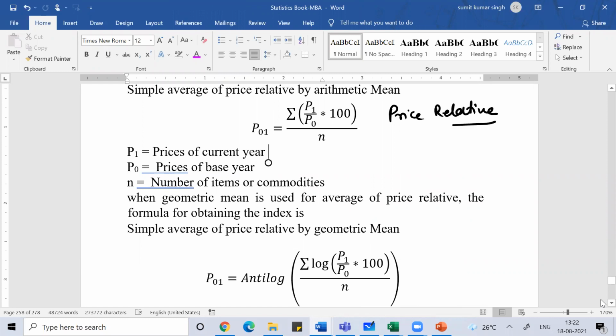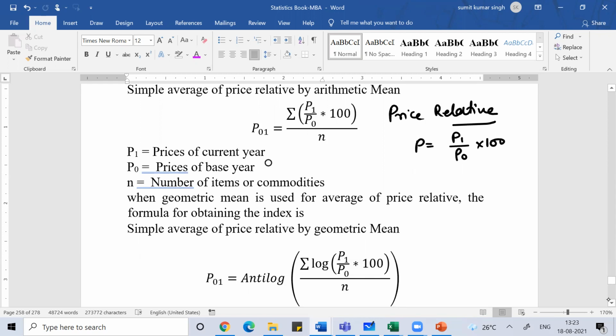If it were quantity index number, we would have found the quantity relative. So price relative would be P1 by P naught into 100. For each year, you can find P1 by P naught into 100, which we'll call P.